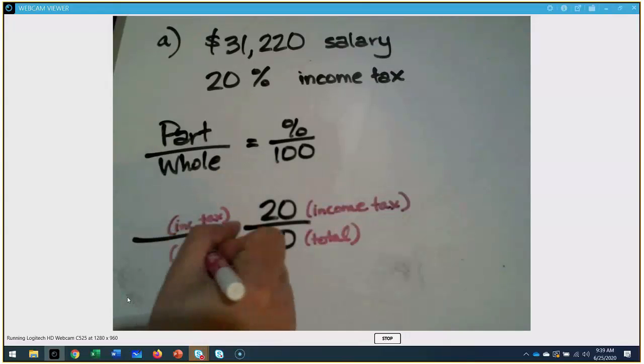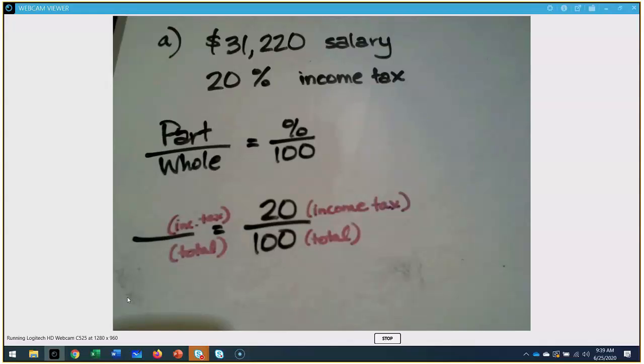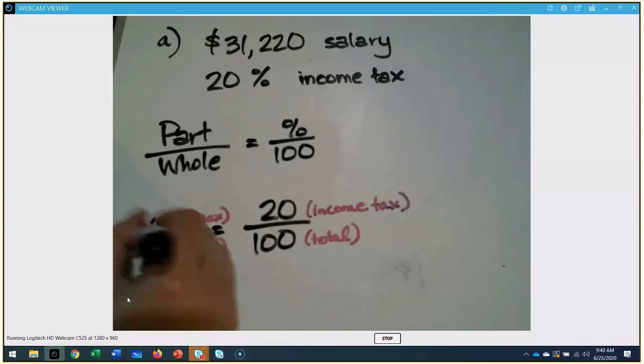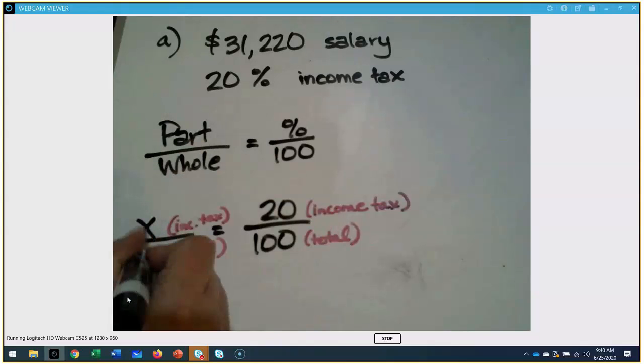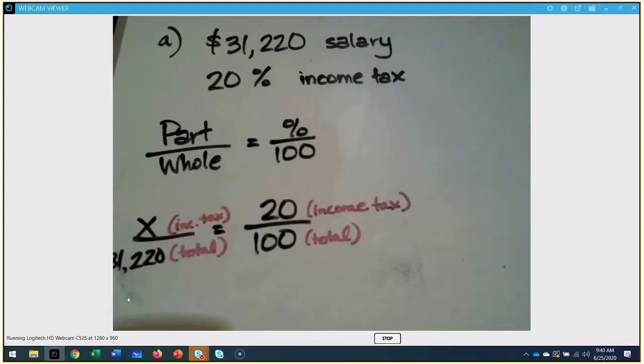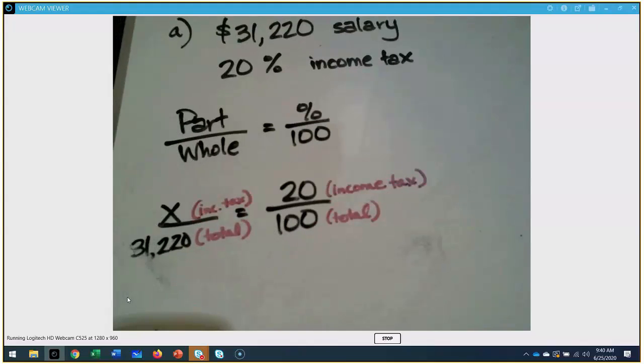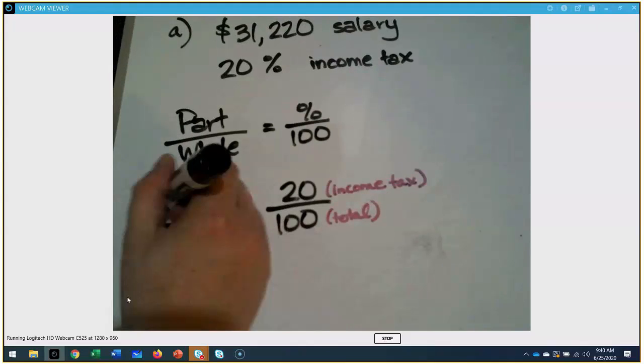So this should be the total. Okay, so they're asking for how much income tax do we pay. So that will be my X, and the total is my salary amount, the total salary. So there it is, all plugged in. Let's cross multiply it.